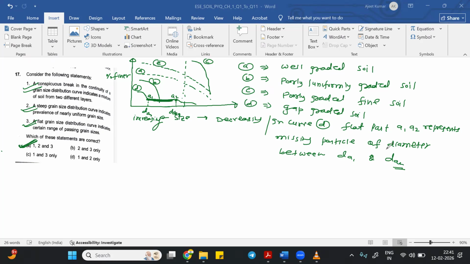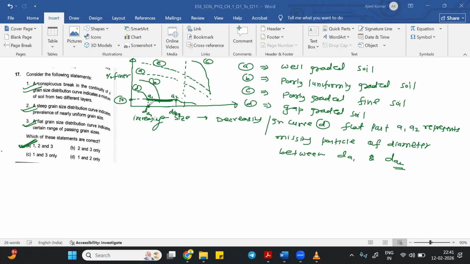Okay, because on this axis this is percentage finer. So suppose this is 10%, so 10% of particles have diameter less than dA1, and also 10% of particles have diameter less than dA2.